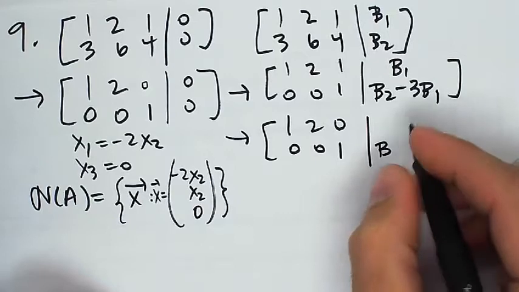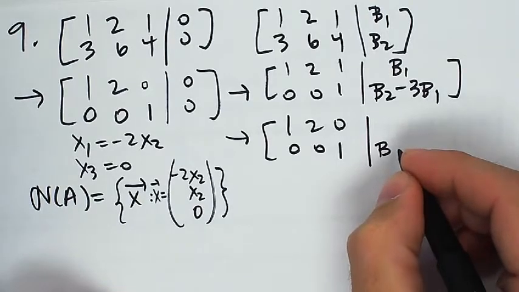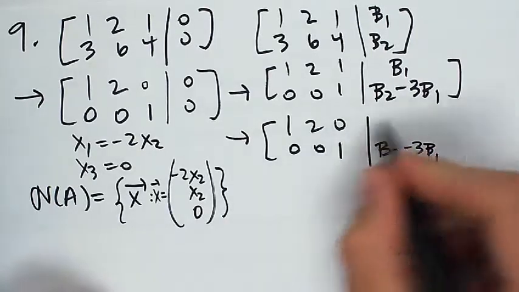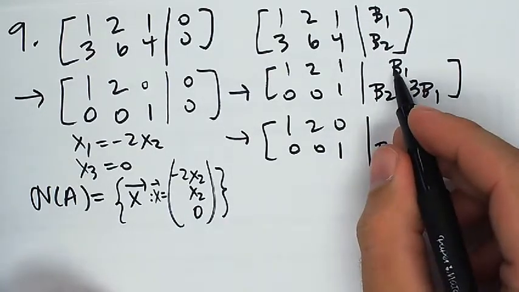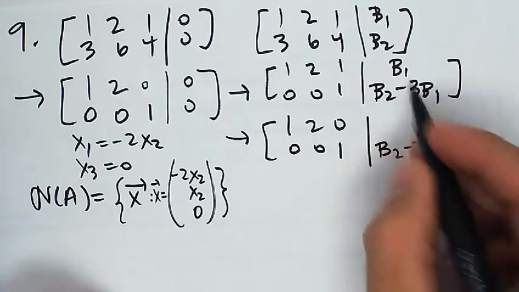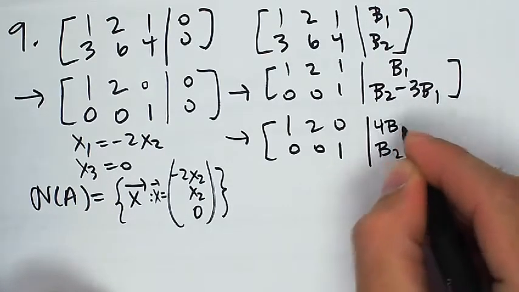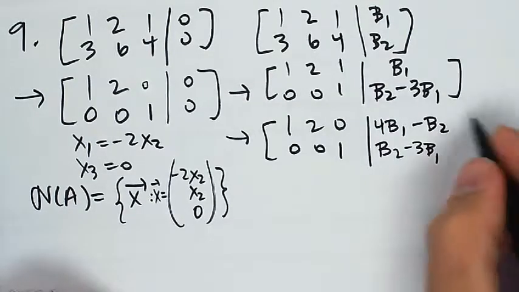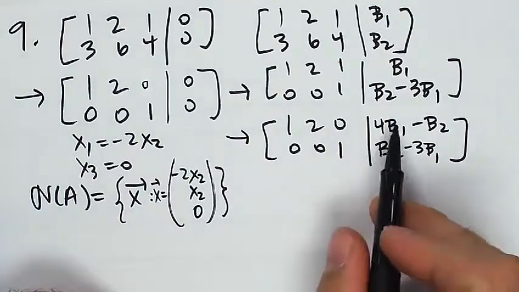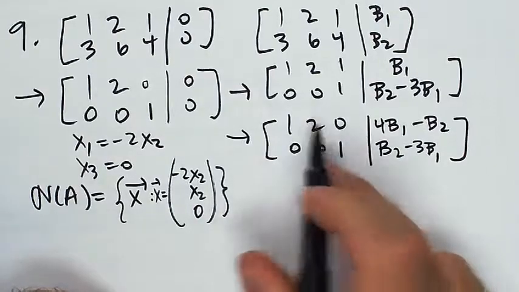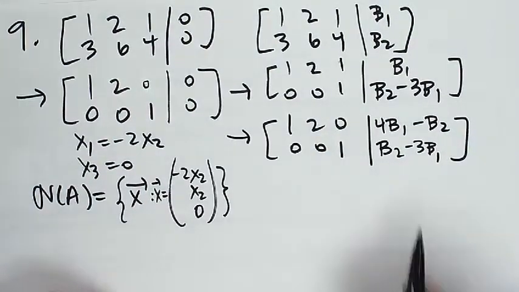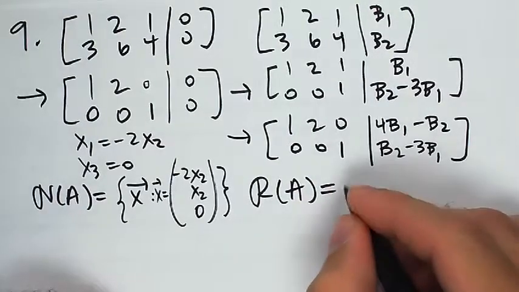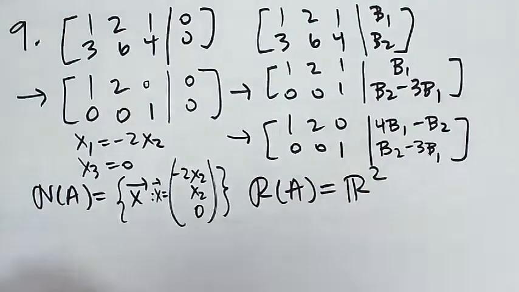So I've got B2 minus 3 B1, and then B1 minus that, so that's 4 B1 minus B2, because I was subtracting, yeah. Okay, again, no matter what B1 and B2 are, I'm going to have some kind of combination of the columns that can make that happen. So I'm going to say that the range of A is equal to all of R2.